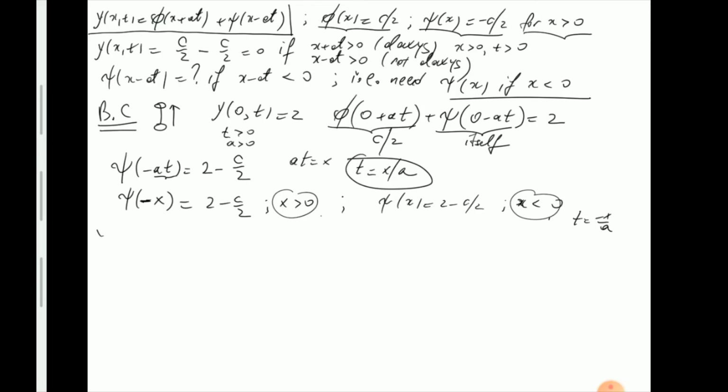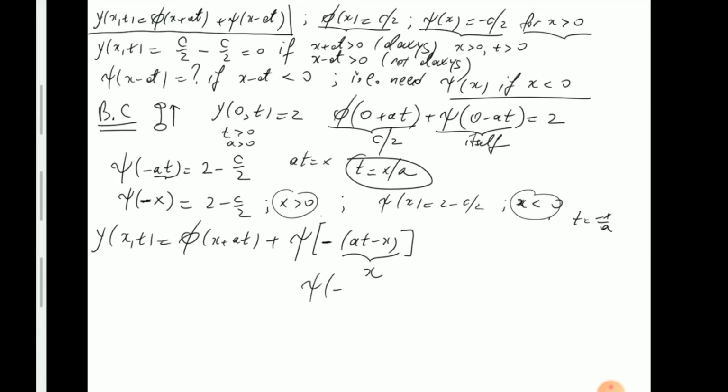So in other words, if you write the full solution again, and here for x minus at, if I pull the minus out, you can replace this with the new x and then write down what psi of minus x is. Again, in this case, it's going to be just a constant, 2 minus c over 2.